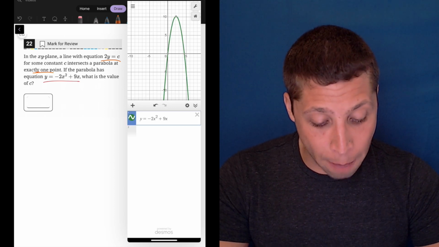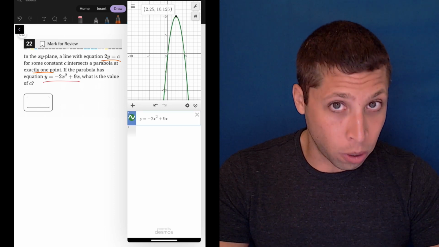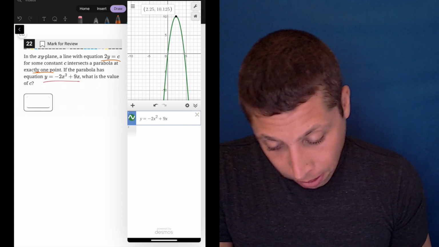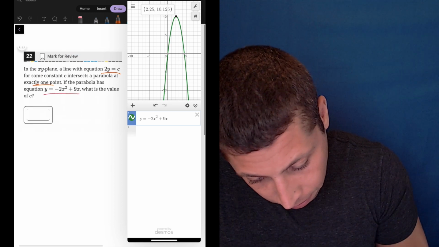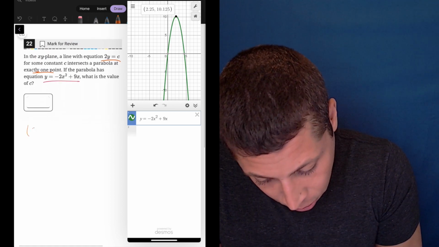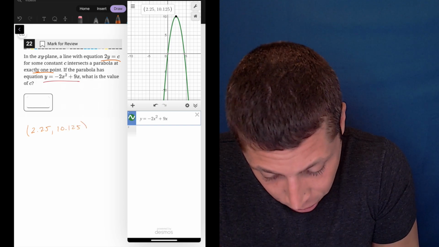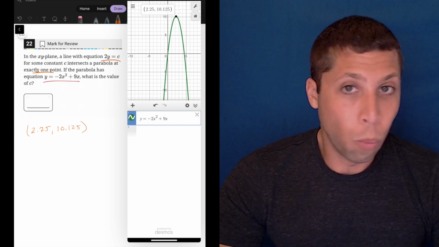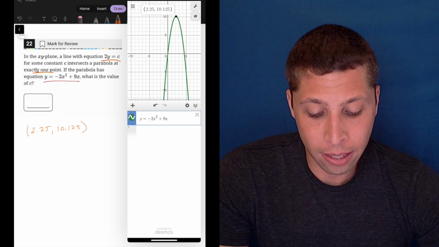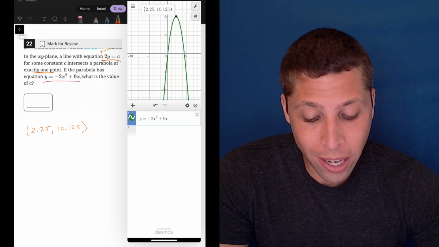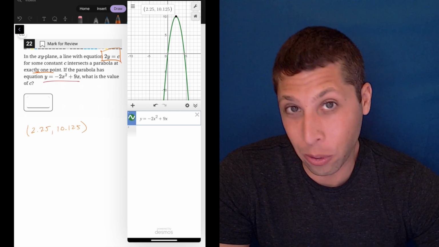So we can tap it, and we're going to get the coordinates of the vertex. They look messy, but we can write them down anyway. We get 2.25, 10.125. So, what does that mean? We're getting an x and a y, and our equation only wants a y.